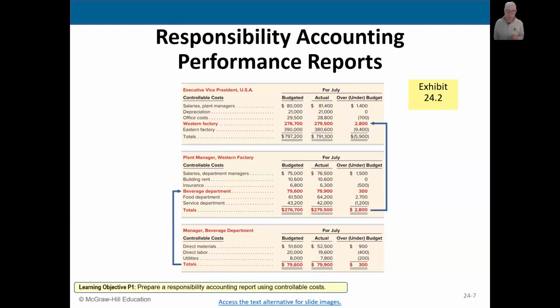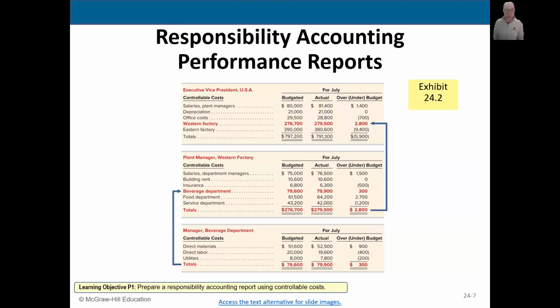Taking a look at our example, the department managers at the very bottom here have controllable costs, like direct materials, direct labor, and to some degree, utilities. We compare the budget amount to the actual performance to understand the variance.